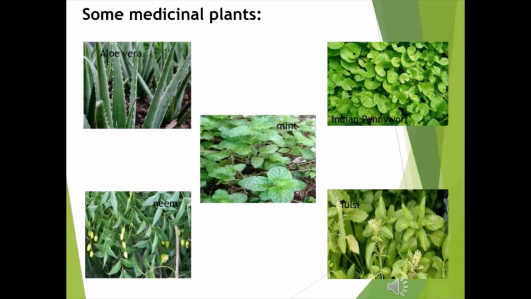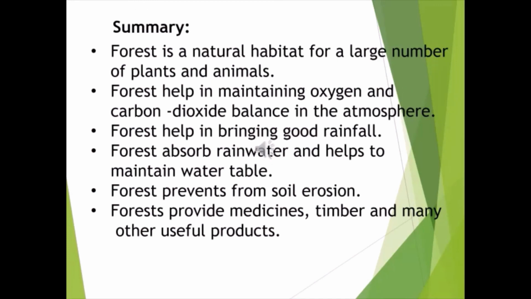So from this chapter, we come to know that forest is a natural habitat for a large number of plants and animals. It helps in maintaining the balance of oxygen and carbon dioxide in the atmosphere. They also help in bringing good rainfall.